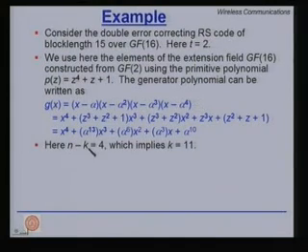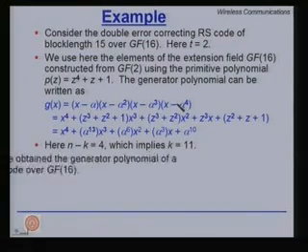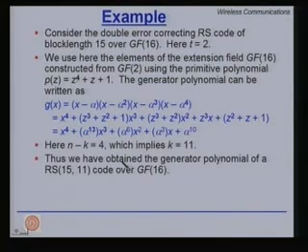Here n minus k is 4, the highest power, which implies k is equal to 11. Why? Because n is equal to 15. Thus, we have obtained the generator polynomial of an RS (15, 11) code over GF16. Okay. So, clearly, this is a non-binary code.